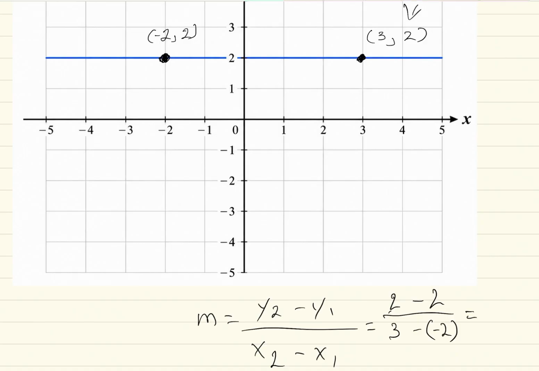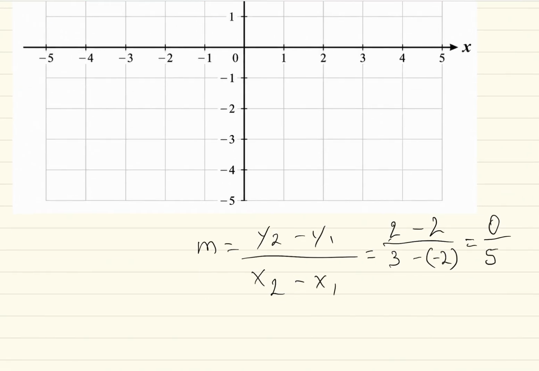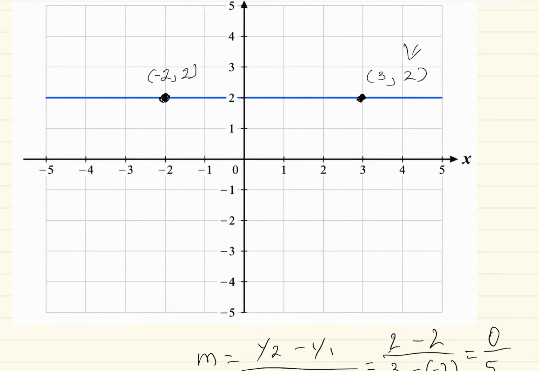And that's going to give us 0 over 5. And so our slope is essentially 0. So horizontal lines are always going to have a slope equal to 0.